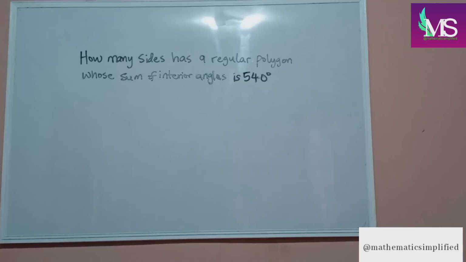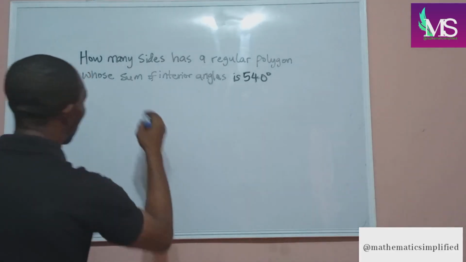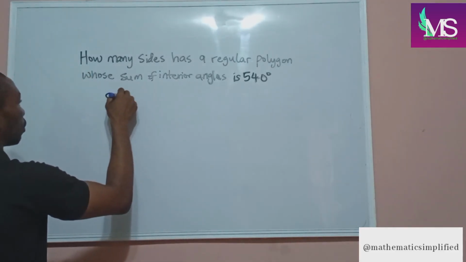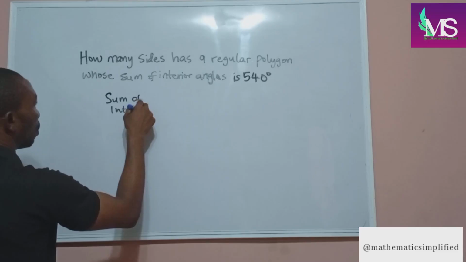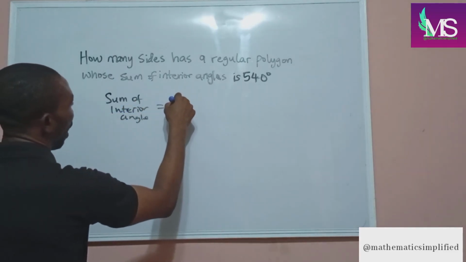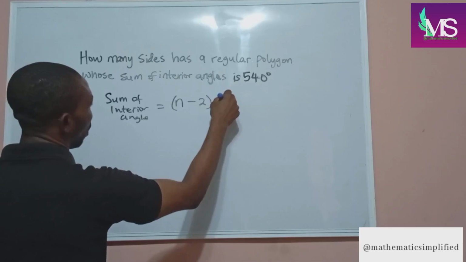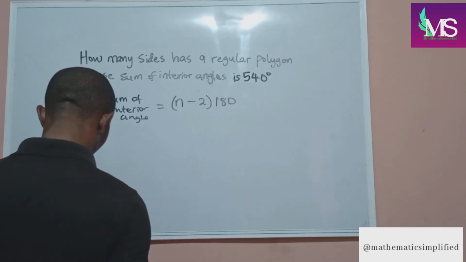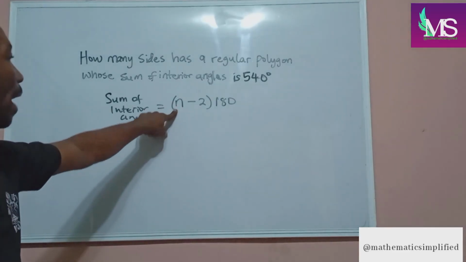How many sides has a regular polygon whose sum of interior angles is 540 degrees? We know that for the sum of interior angles, we have our formula as n minus 2, bracket, 180 degrees. At this moment we are looking for the value of n.